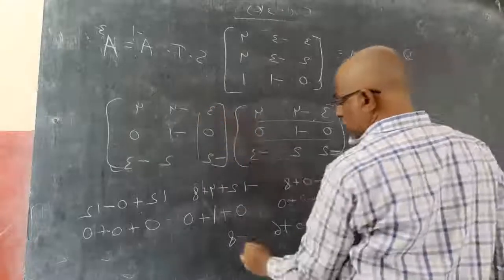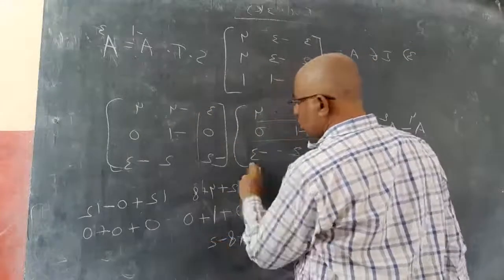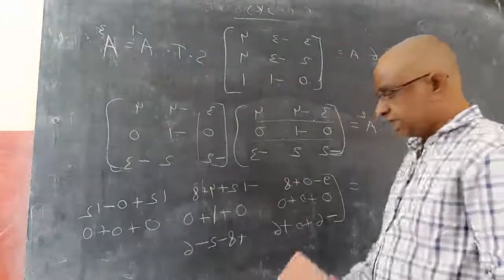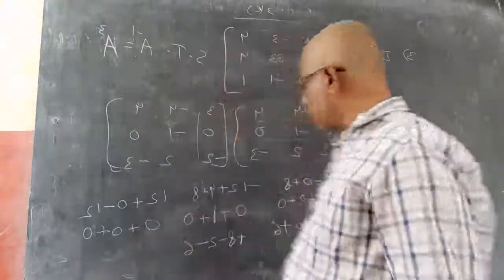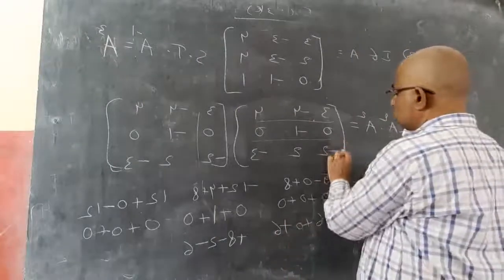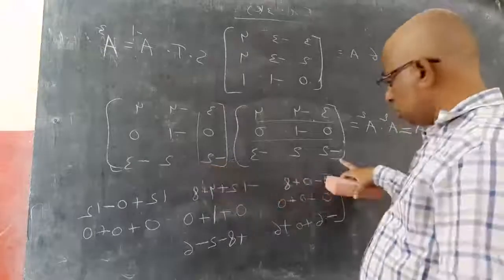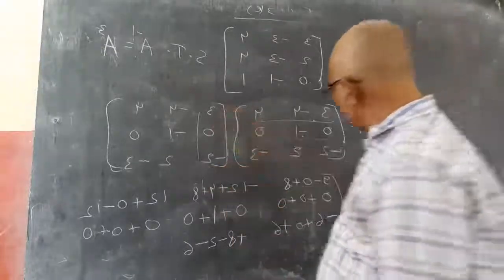Now 4 2s are 8, plus 8 minus 2 minus 6. Right, I copied, this is actually minus 2 previously in A square. So this is minus 2, then this is also minus 2. So minus 2 into 4, minus 8.